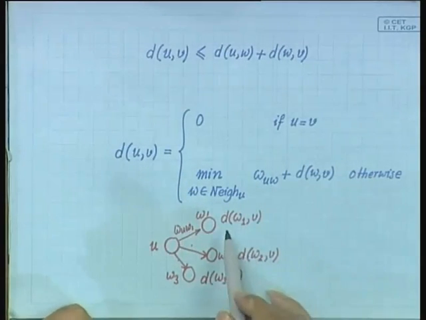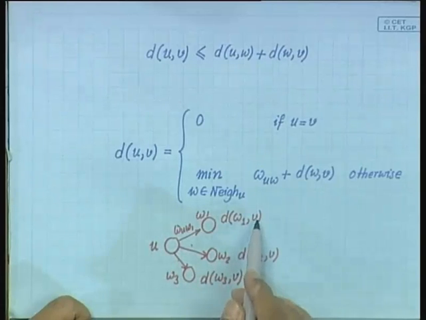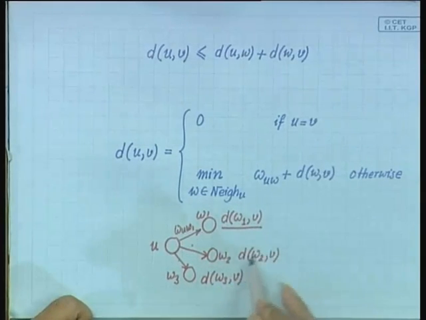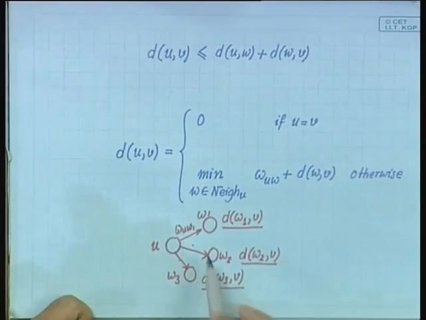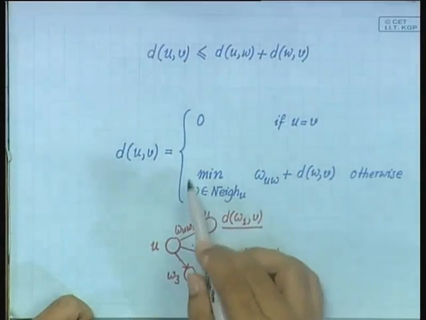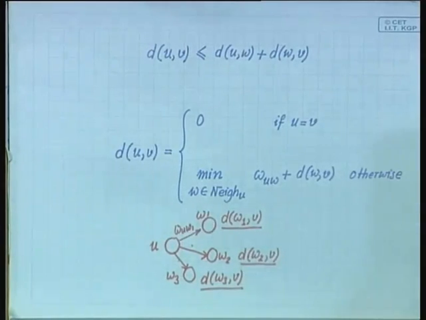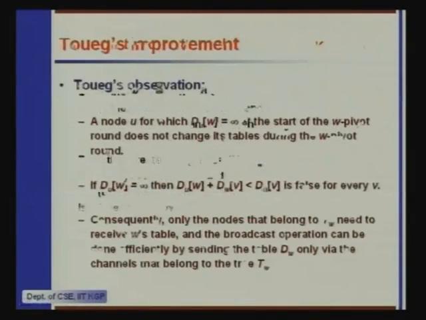That means that in order to compute my distance to v, I am going to ask my neighbors what are your distances to v, and when my neighbors tell me their distances to v, then I will simply compute this term and find out my distance to v, okay. Now, how do we actually do that? Let us see the next algorithm.